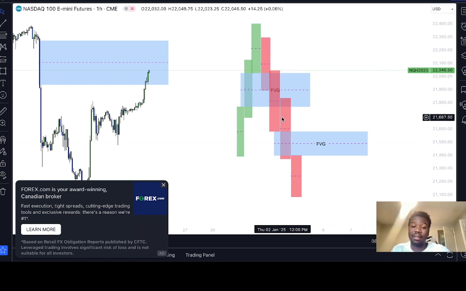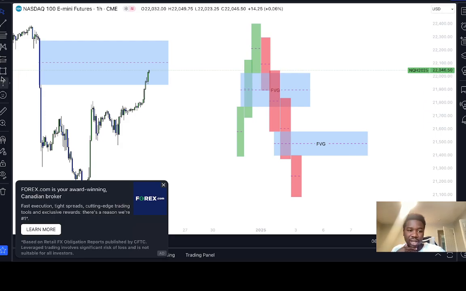So instead of entering off of this inverse, because like I said, sometimes price can close below here or wick below here and continue to the upside, I would like to see a strong closure below the fair value gap.